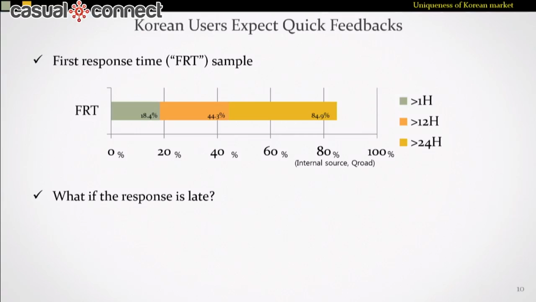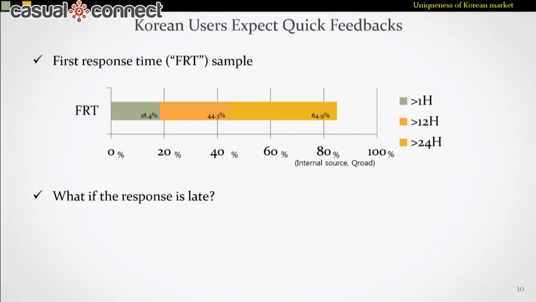And the other issue continued from the previous page is that they want fast feedback, fast response. We call it first response time, which means that when they make a claim, we give them feedback. Not just a thank you for sending us a suggestion, but actual feedback.